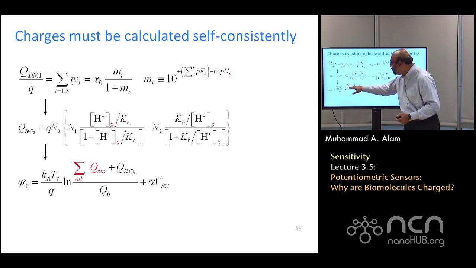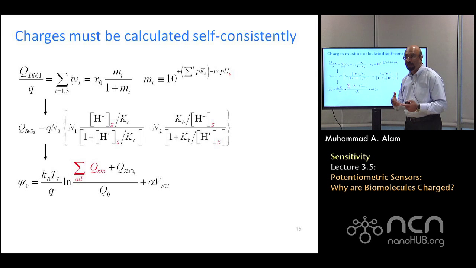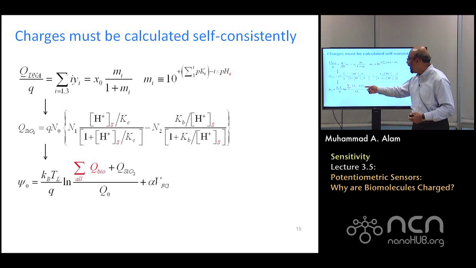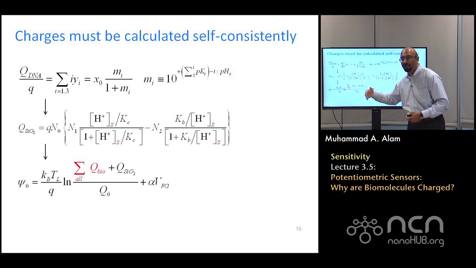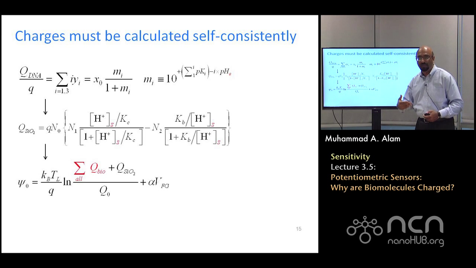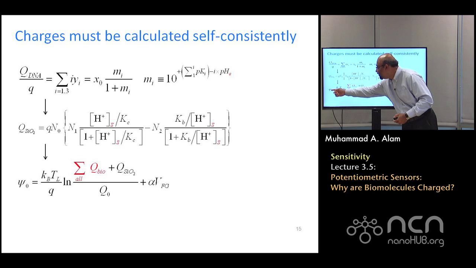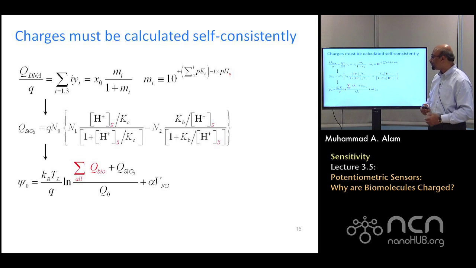Then you put all the charges together, all the biomolecule charges, which is the DNA. If you had protein around, you would put it in here, and the surface charges, and use the relationship between the potential and the logarithm of the charge. You'll see this from a previous lecture, about 2 lectures before, that there is this relationship between potential and charge.